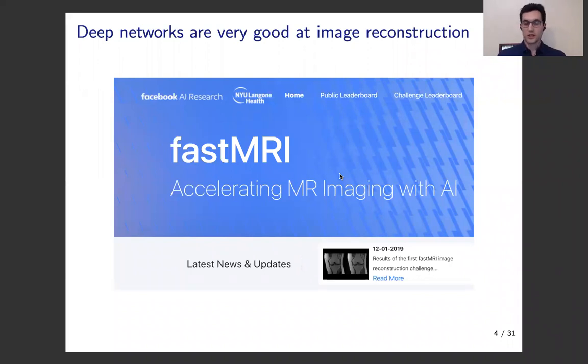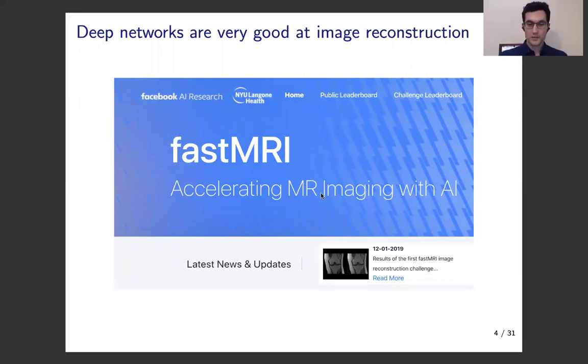There was this competition in 2019, and now in 2020 there's another competition where the goal is to do very well using training data. What this competition has shown is that neural networks perform way better than classical compressive sensing methods. It's really no comparison. If you look at these images, the deep learning based ones are super sharp compared to the best total variation or L1 minimization methods.